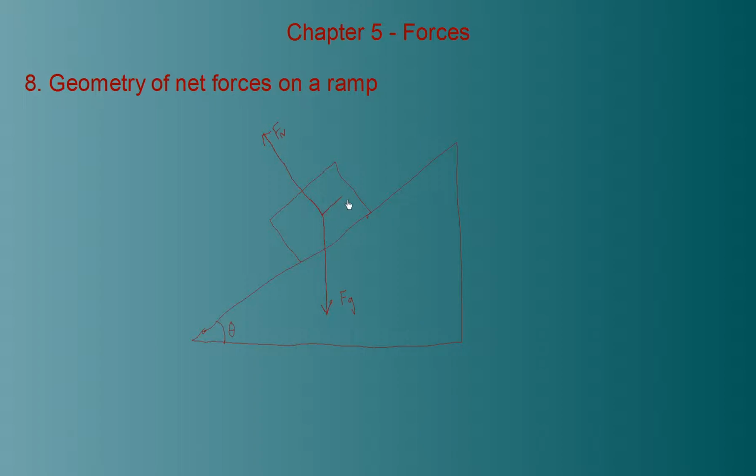So friction is going to act up the ramp, at the angle of the ramp. And you can imagine if I had a pulley here and a rope coming up and around, there would be a tension here as well. First thing you should notice is these vectors are not all perpendicular or parallel to each other. And that should set off some warning bells in your brain saying, components, components.